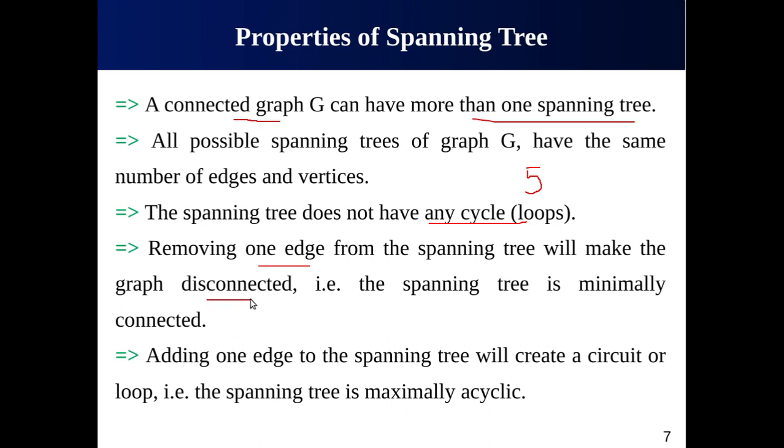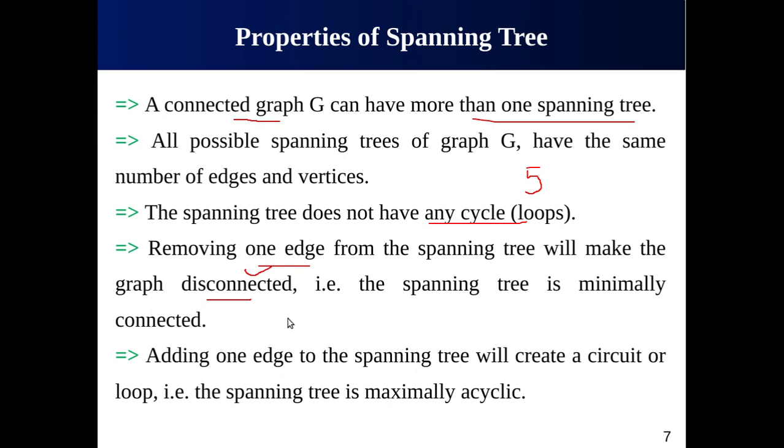The graph is fully connected, but if you remove any one edge from the tree, then the graph will become disconnected. What does it mean? It means that the spanning tree is minimally connected. Okay? So this is another property, that the spanning tree is formed in such a way that removal of any one edge from the tree will cause the graph to be disconnected.